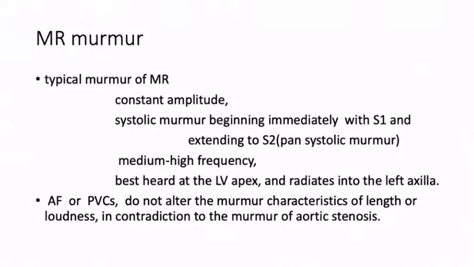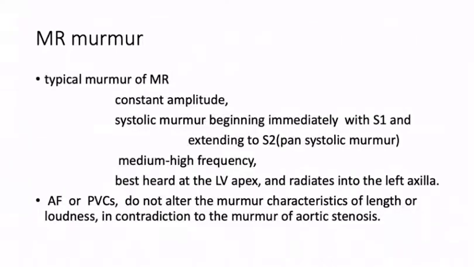Coming to the murmur characteristics, the typical murmur of mitral regurgitation is a holosystolic murmur. It is of constant amplitude, begins immediately with S1 within the isovolumetric contraction phase and extends into the S2. It is a medium to high frequency murmur, better heard at the LV apex and can radiate into the left axilla.